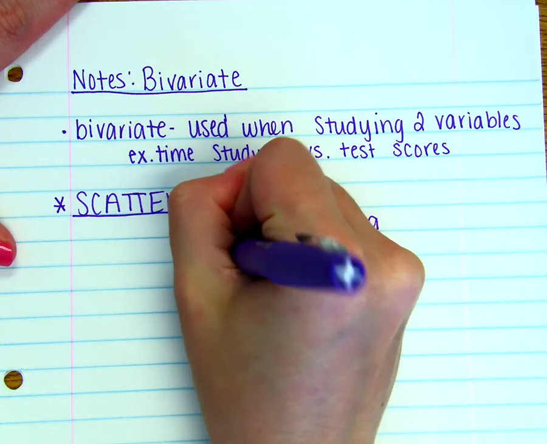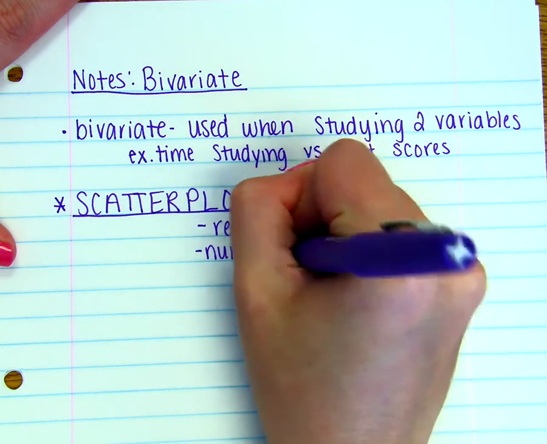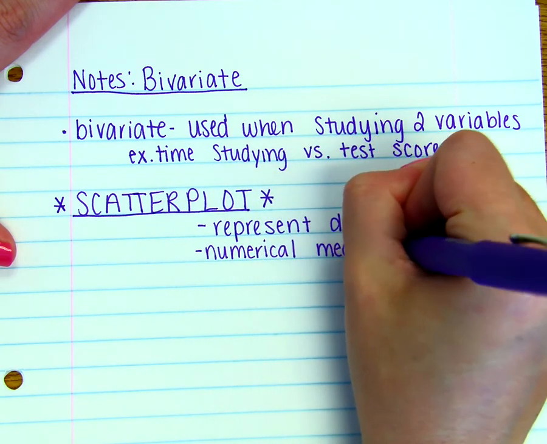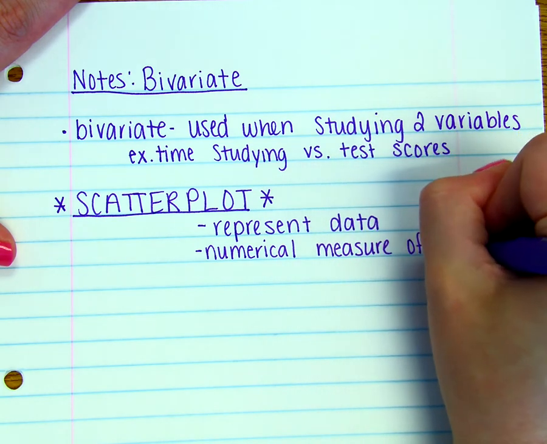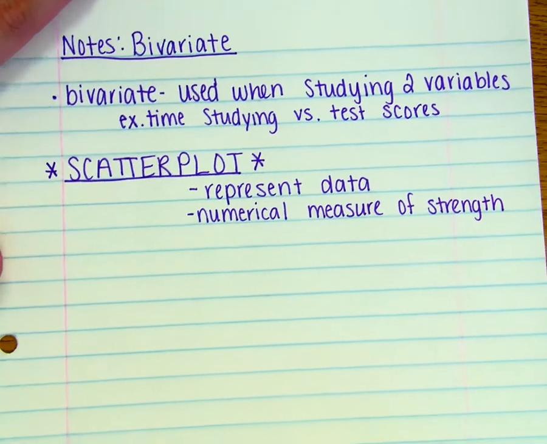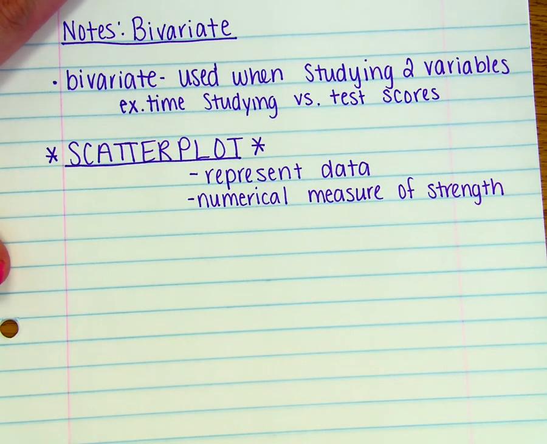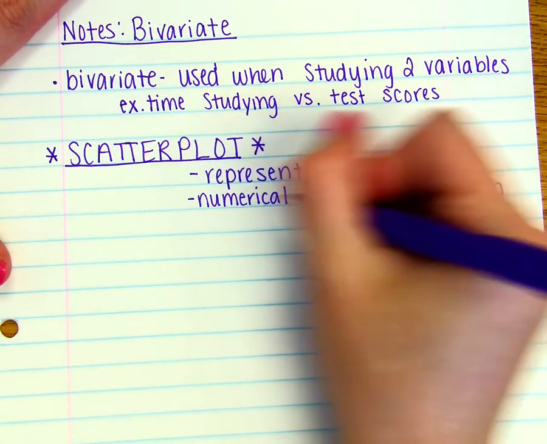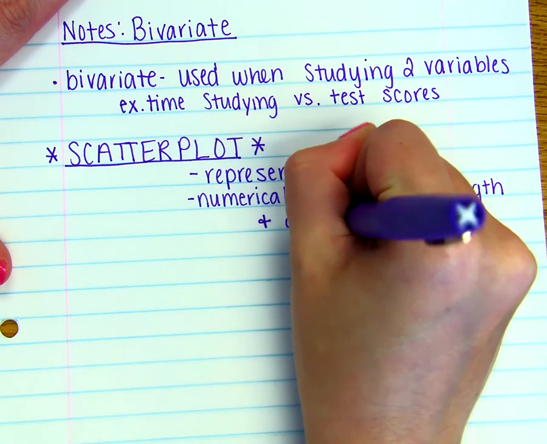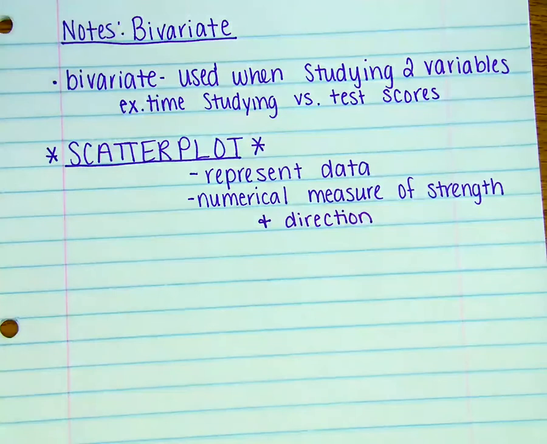They also show a numerical measure of strength and direction. So scatter plots are going to be used to tell us the strength and the direction: how strong it is, and then which way it's going, positive, negative, or a non-example.